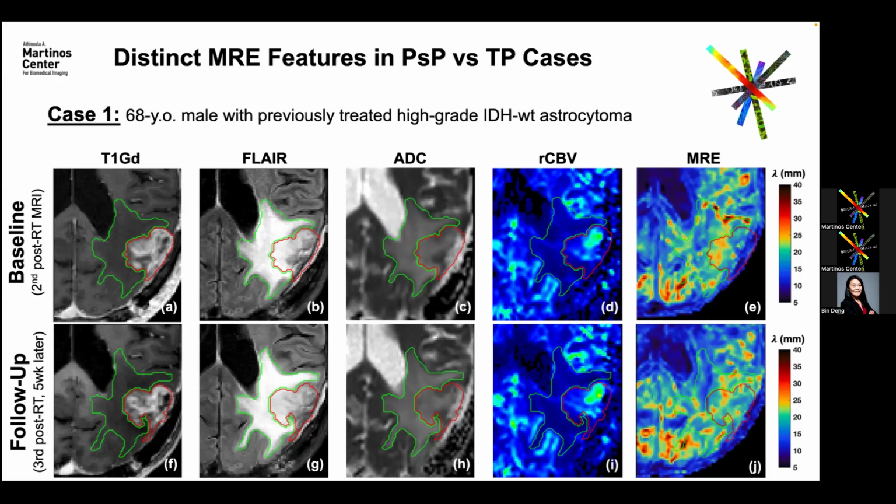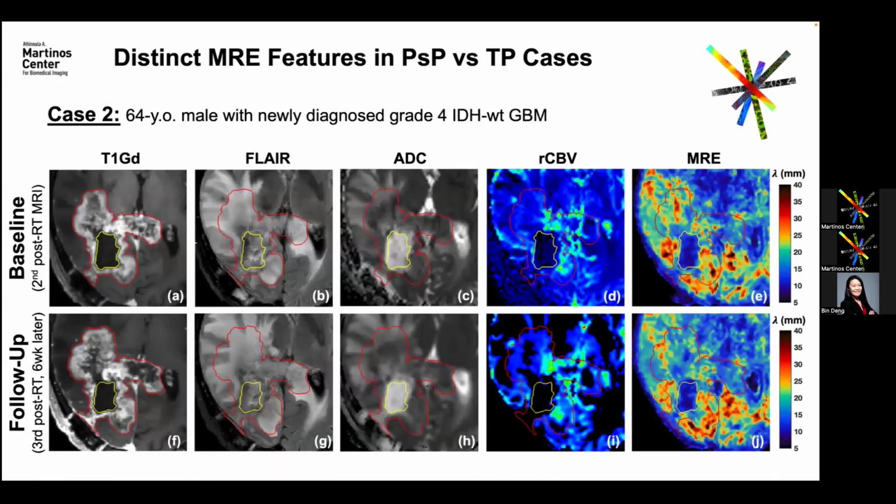If you look at the next patient, I want to mention that the MRE maps are in the same color bar, so they're comparable in terms of absolute values. In the next case, you can see a lot of unusually high stiffness, especially around the margin of the tumor.